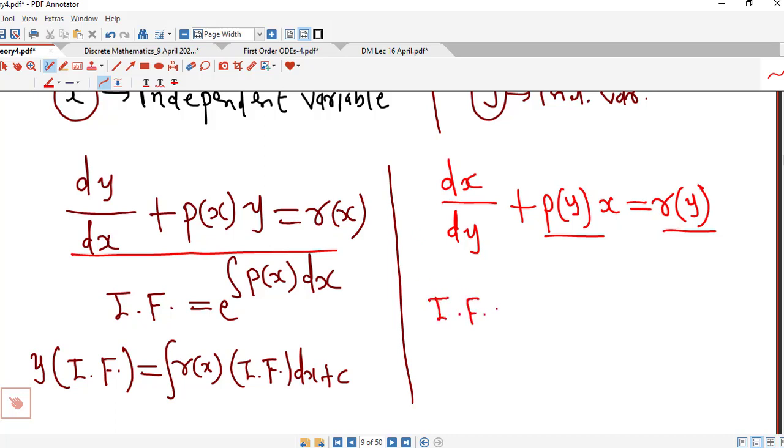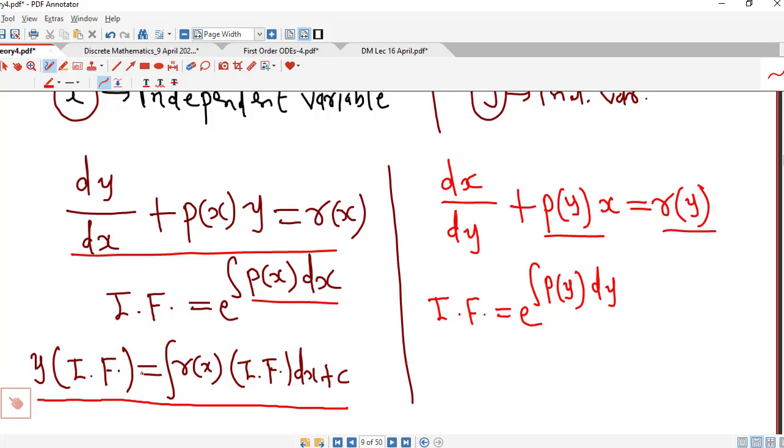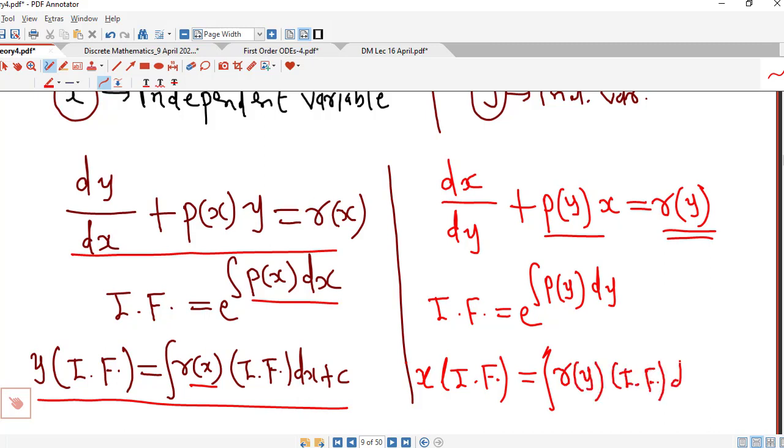The integrating factor in this case is e to the power integral of p(y) with respect to y. And in this formula also we replace x by y and y by x. On the left hand side we have x into integrating factor, equal to integral of r(y) into integrating factor dy plus c.